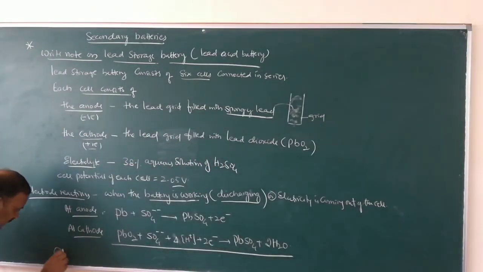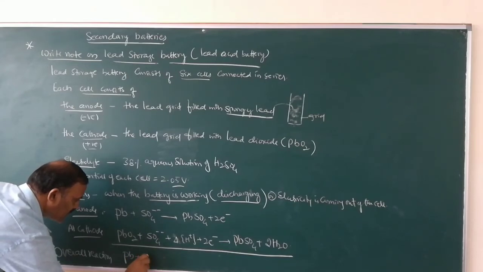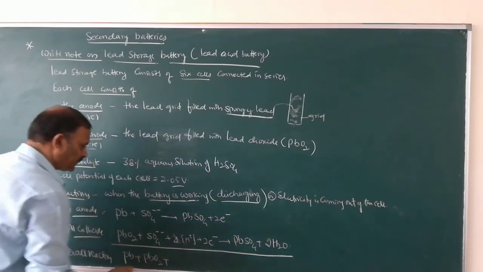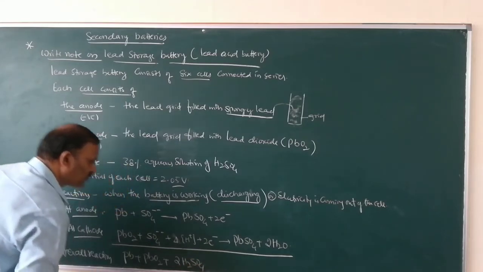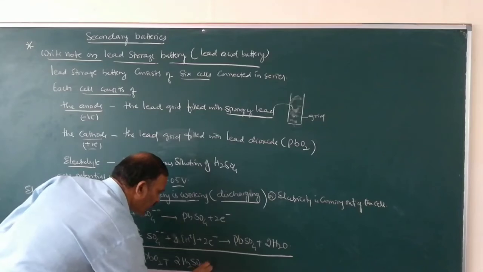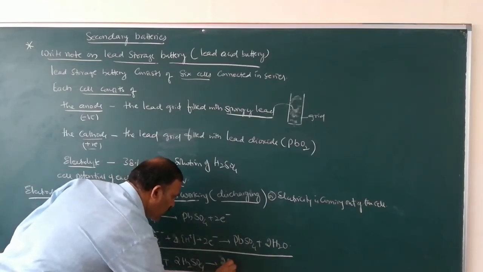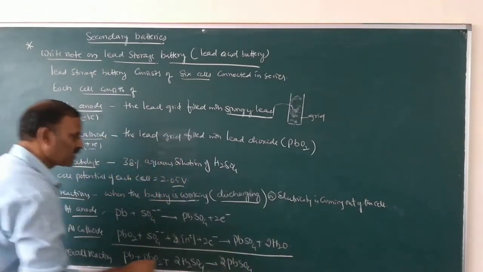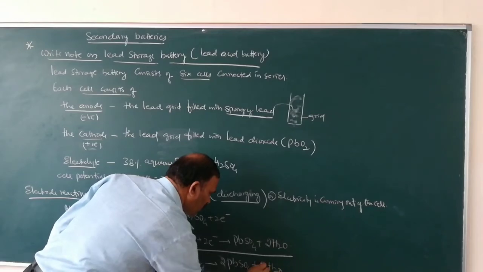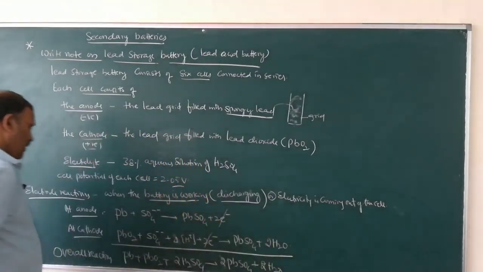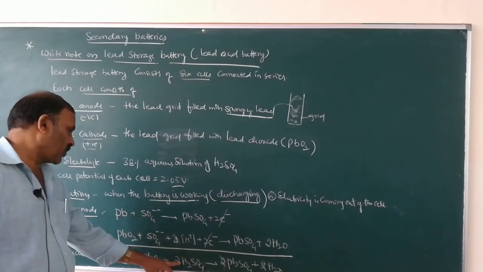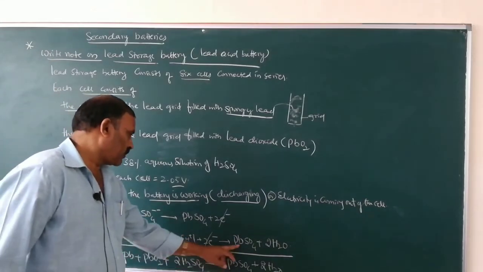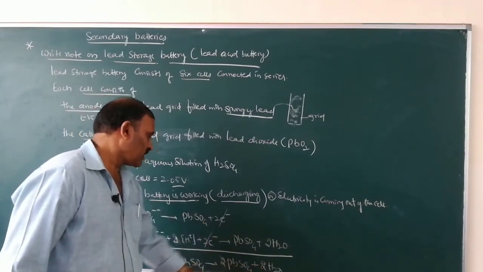So what is the overall reaction? Overall reaction: Pb plus PbO2 plus 2H2SO4 gives 2PbSO4 plus 2H2O.